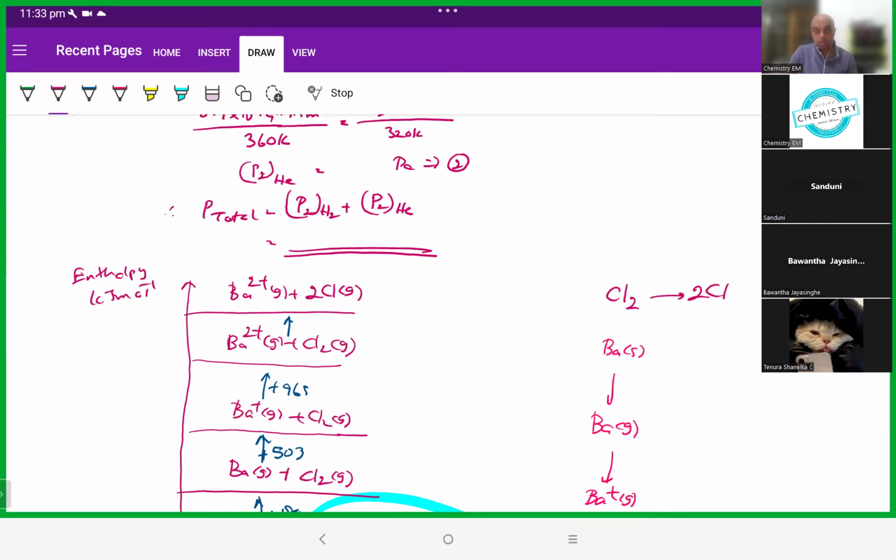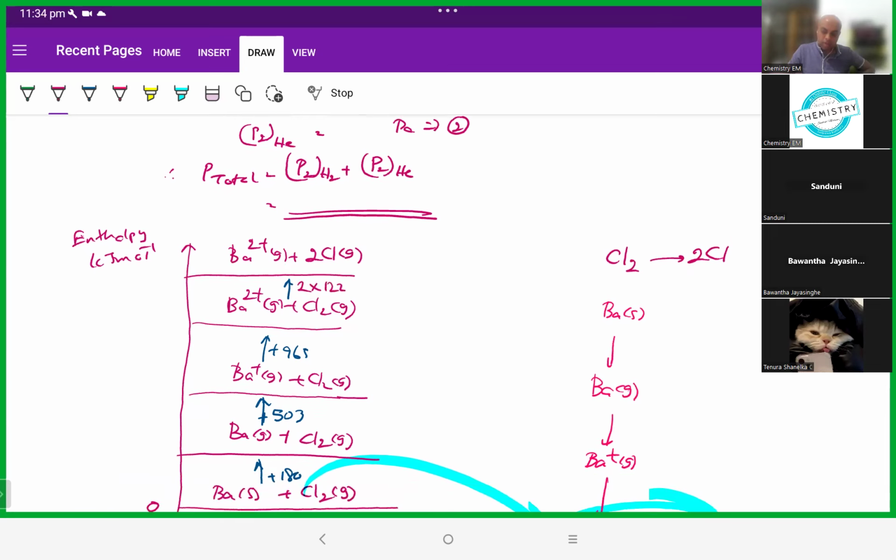The atomization is defined as production of one atom. Here it is producing 2 atoms, right? So it should be multiplied by 2. So this should be 2 into 122.